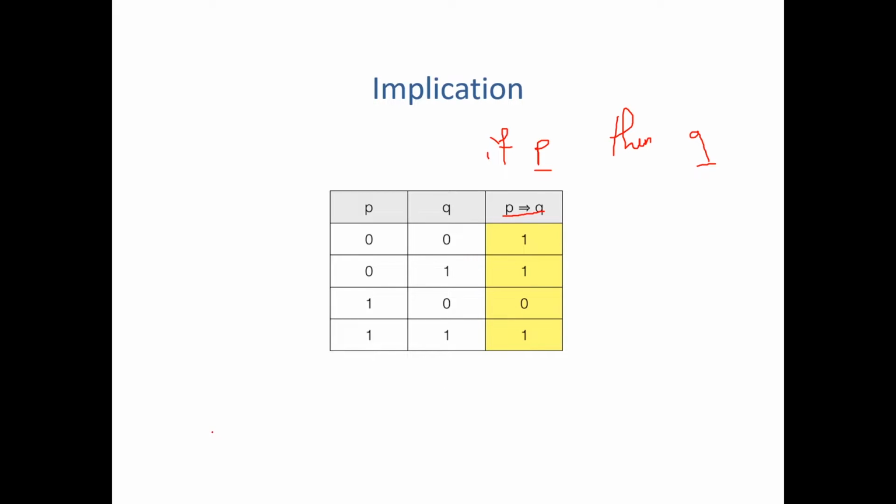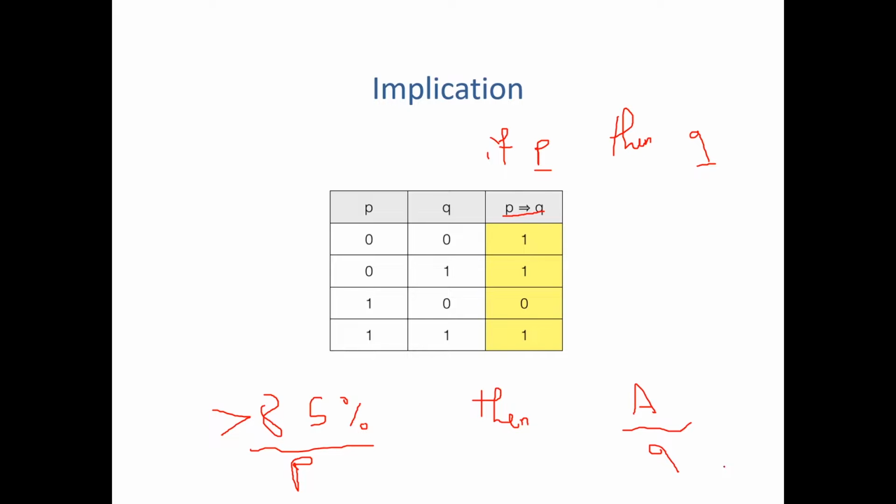Let's say if at the end of the semester you get more than 85% as an overall grade, then you'll get an A in this course. So if you get more than 85%, that's your premise. You'll reach a conclusion where you get an A. Okay, so that's like a rule, let's say, that's been given.